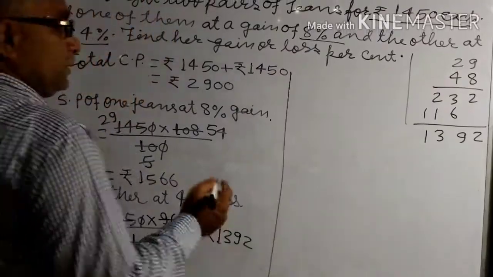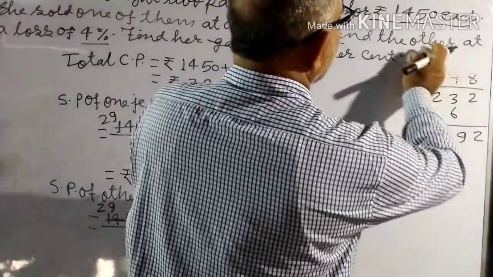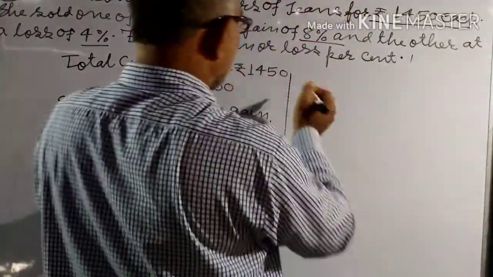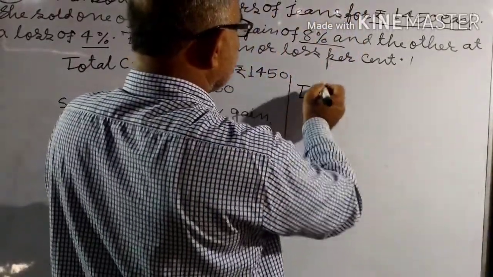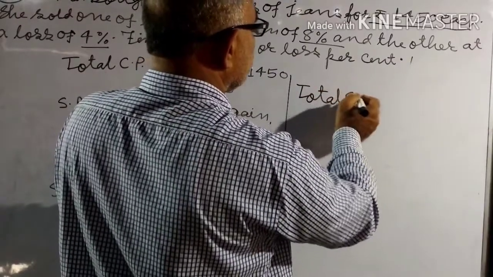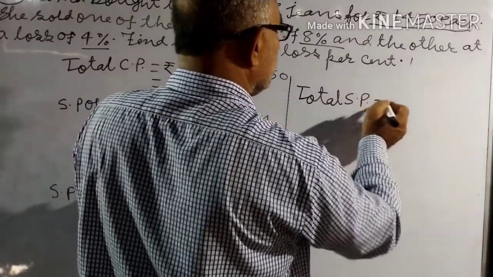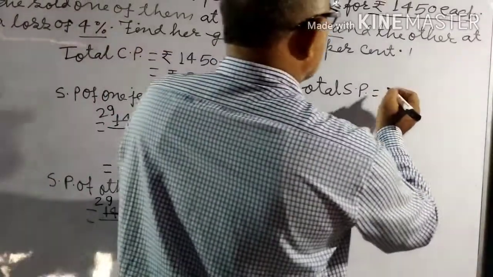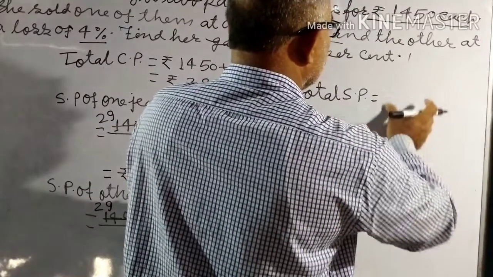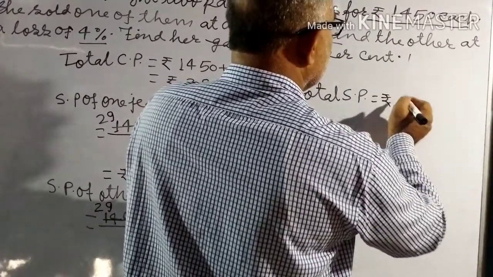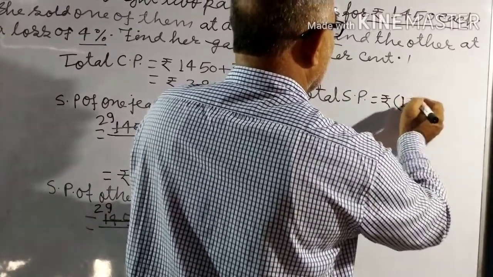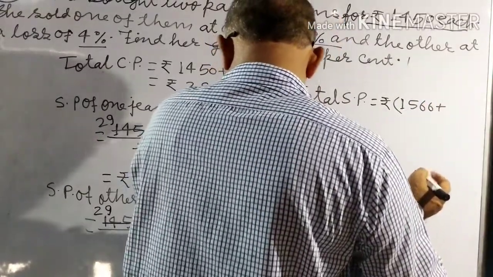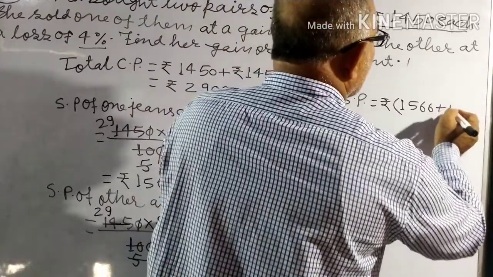Now total SP. Total SP equals rupees 1566 plus 1392.